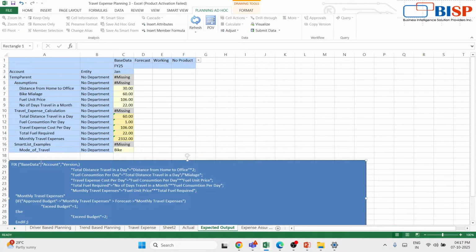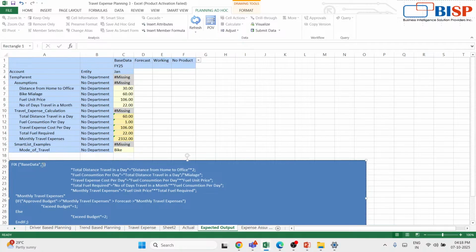Whatever change we have to make, the same thing we have to take in our business rule, like HSP base data, entity no department, account, entity, department, and the month would be Jan month.